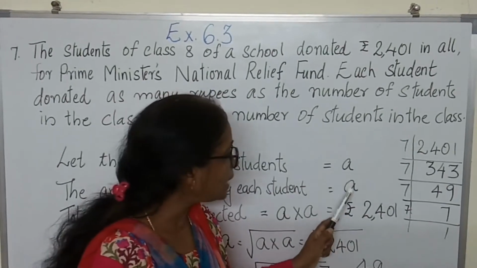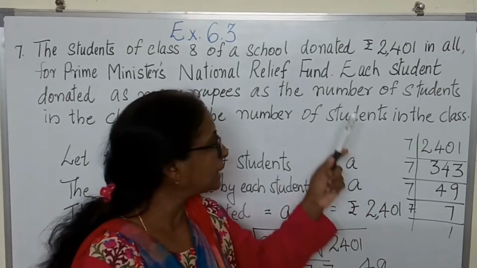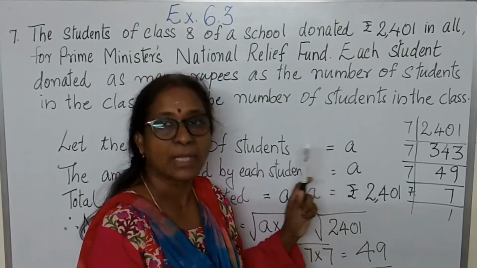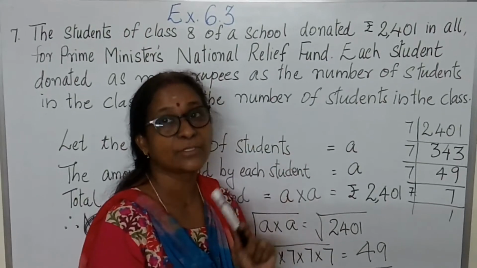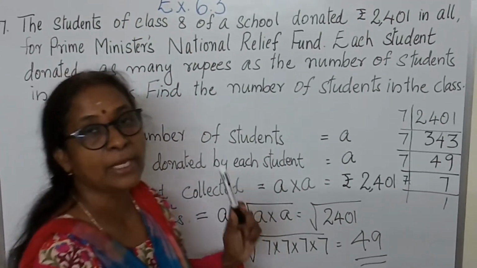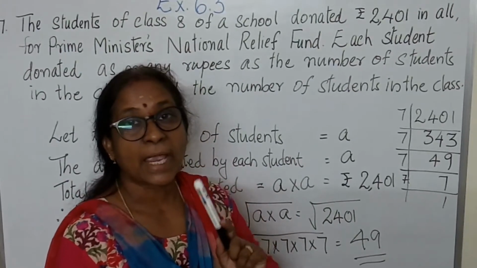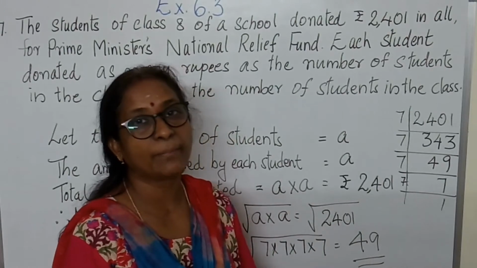Okay. So, one child will give a rupees, second child also will give a rupees, like that. Every child will give a rupees. And how many students are there in the class? A students are there. So, total amount collected will be equal to the amount given by one child multiplied by the total number of students.